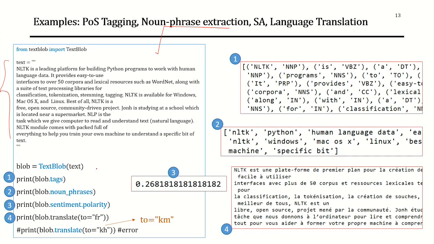And what you need to do is create an object first, and next you can specify a particular function or property so that you can perform a given task. Just a notice here, in case that you want to use the translation feature, you need to specify a destination language.